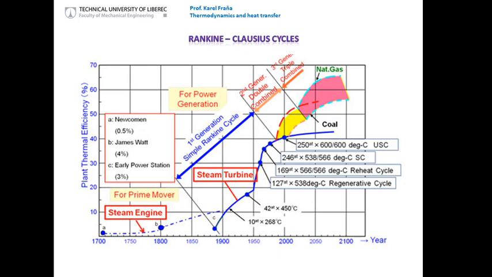So the next point is to use the second generation and the third generation. Mostly these are tricks, and maybe you could hear about this, that you, for example, change the coal into gas, that you practically start a process of gasification. That means you create a synthetic gas from the coal, and the gas is first burned in the gas turbine.